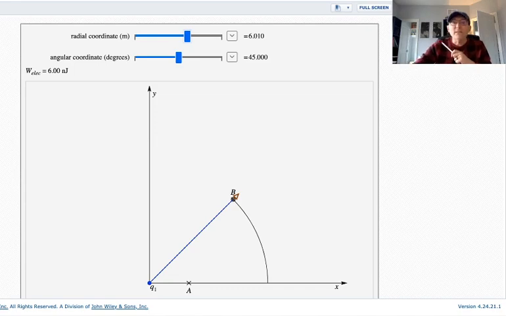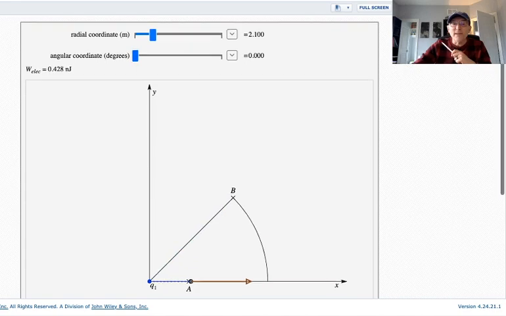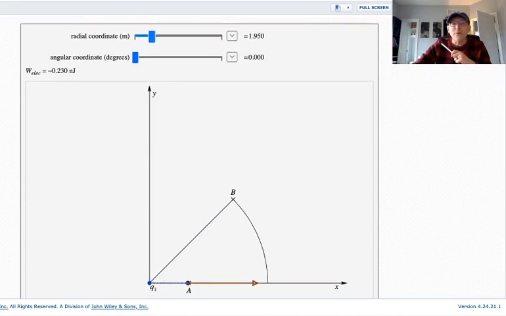In fact, set it back, you can go from A to B along any path you want. Any path at all. I can go out a little bit radially, then go a little bit along an angle, then go out a little more radially, and a little more along the angle, and a little more radially.